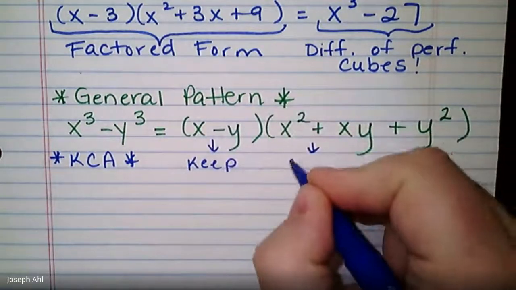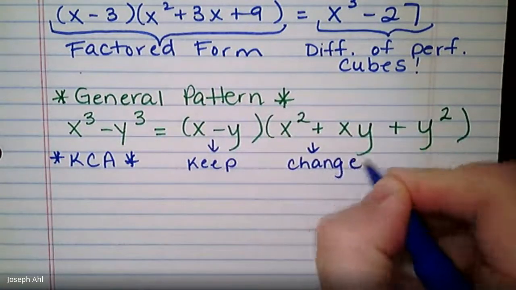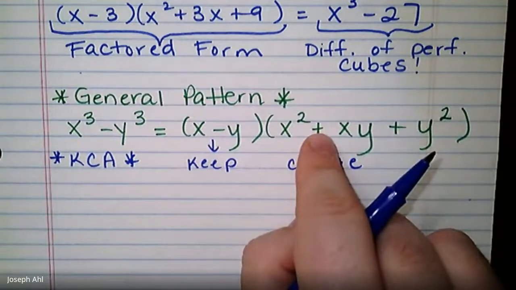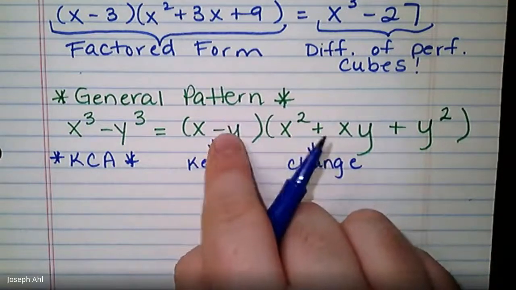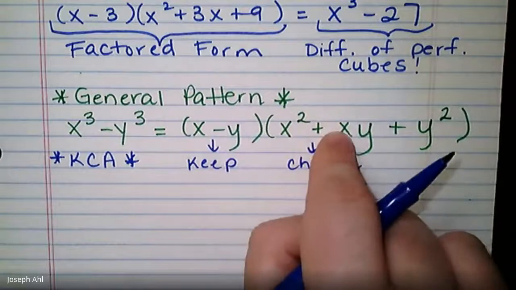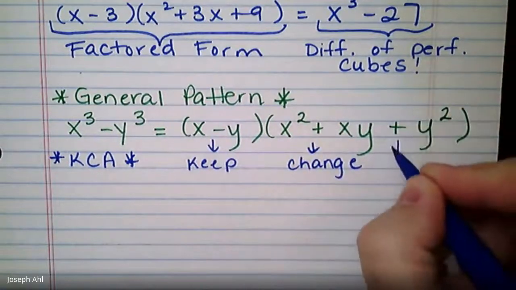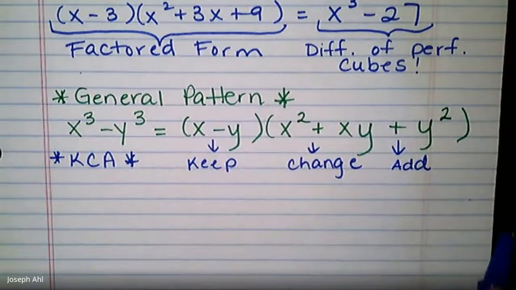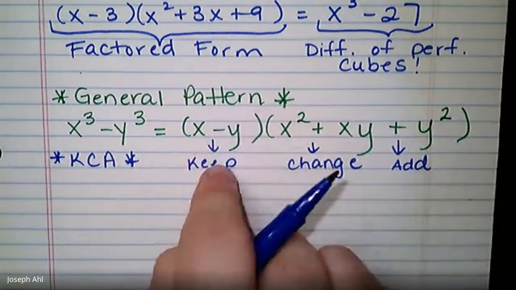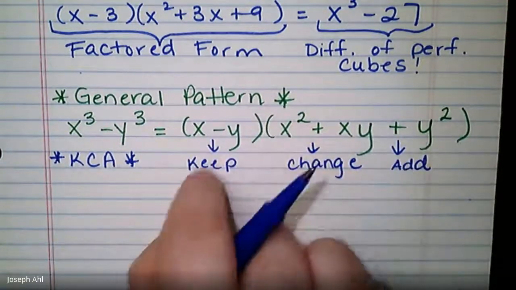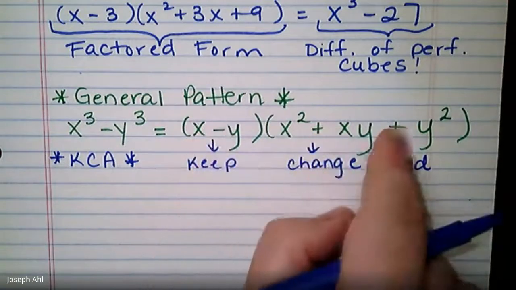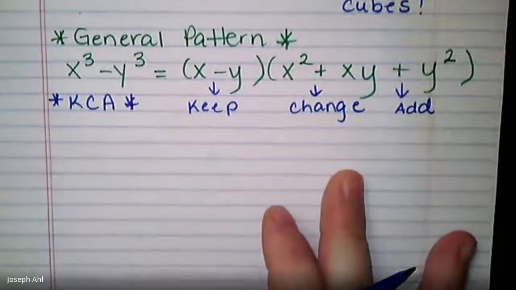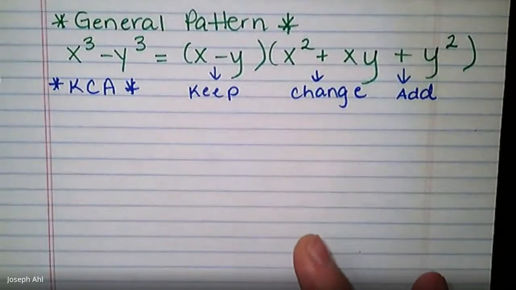Then you're going to change the sign in the middle of the trinomial. So if it was negative here, we change it to positive over here. And then what does A stand for at the end? A means you always add that last term of the trinomial. So if you remember the acronym keep, change, add, that's a good way to remember what the signs are that go into those locations, because it's always going to be the same sign format.